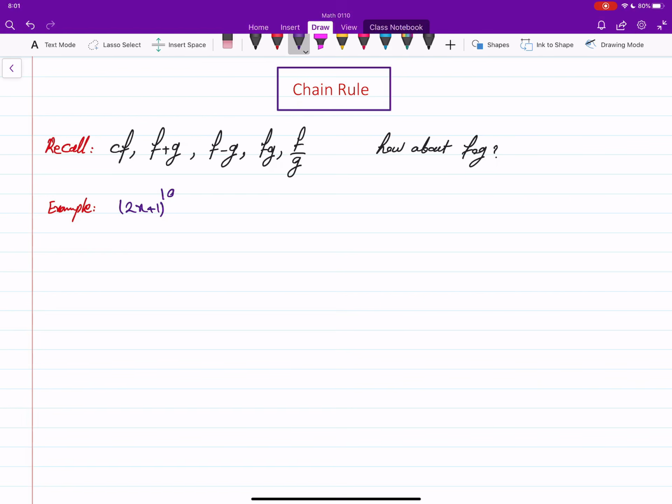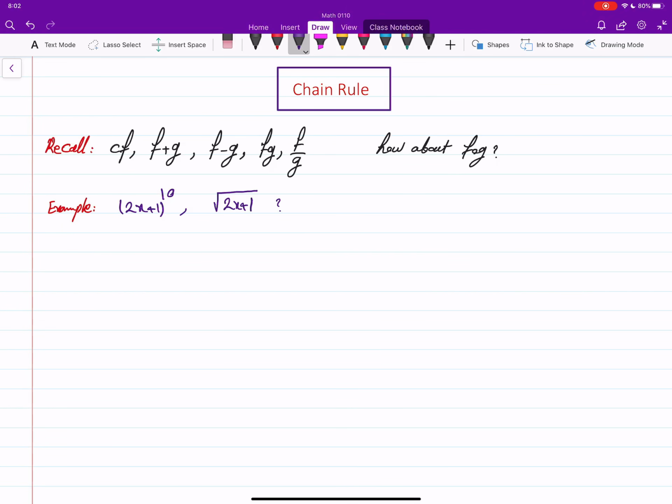Or maybe instead, what about the root of 2x+1? This seems a nice function. Why don't we have anything to find its derivative? Well, all these cases, and any other powers of this, can be differentiated using the chain rule.